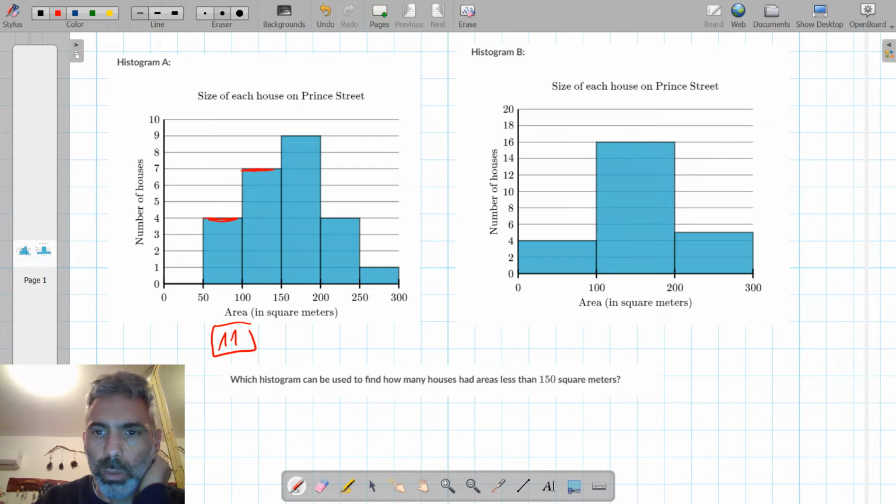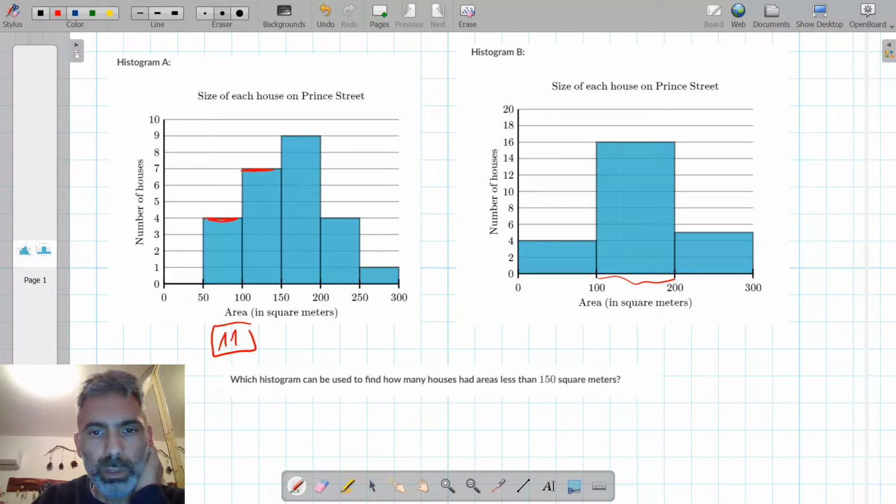Okay, whereas in histogram B, we have a bucket here with a size of 100, so we don't know how many houses fall in the 150 square portion of this group.